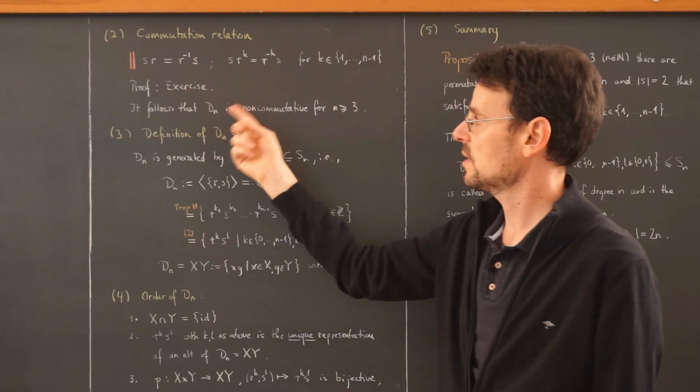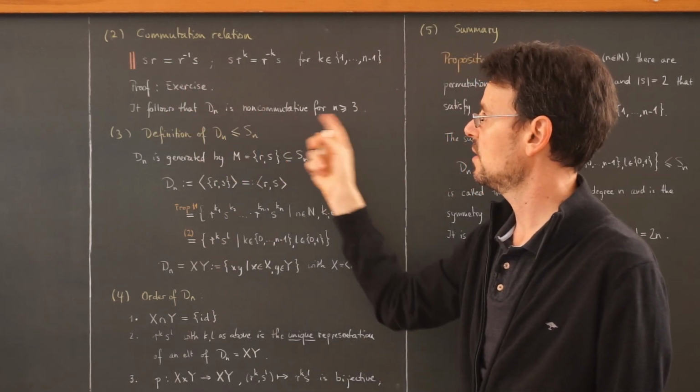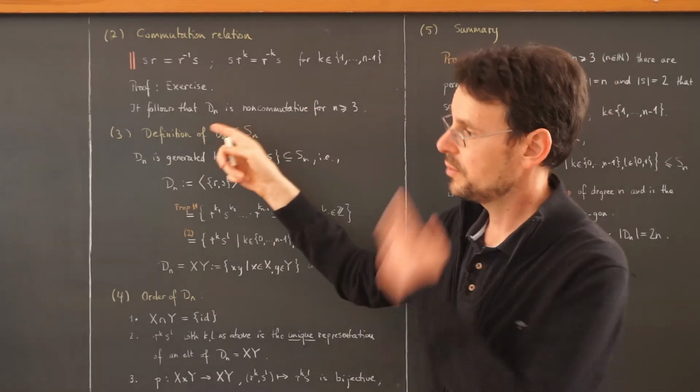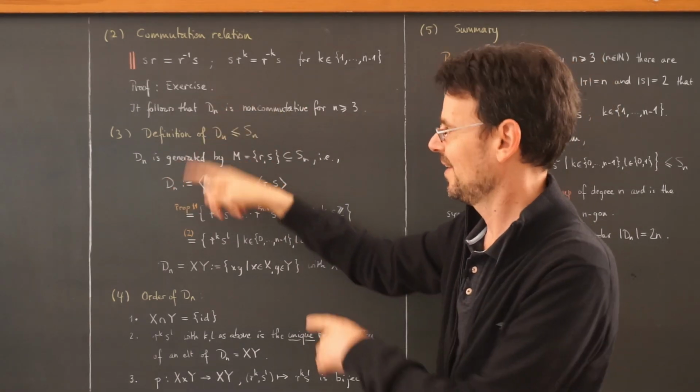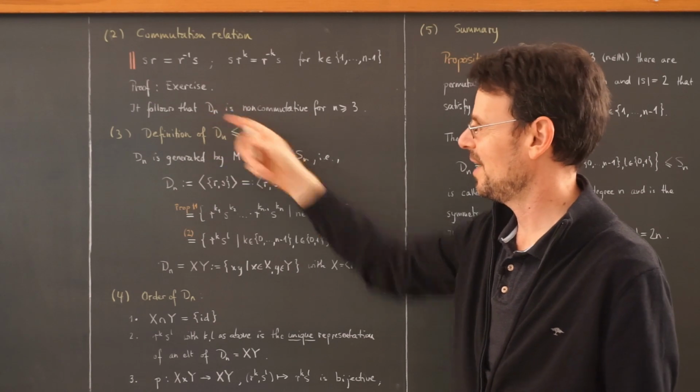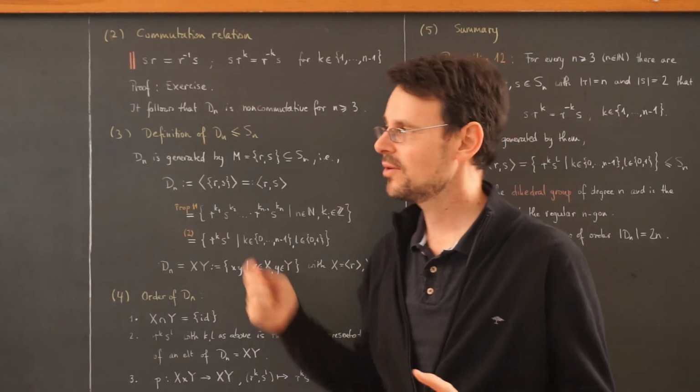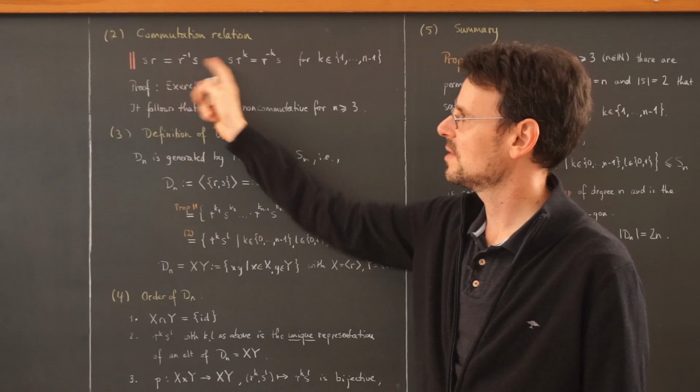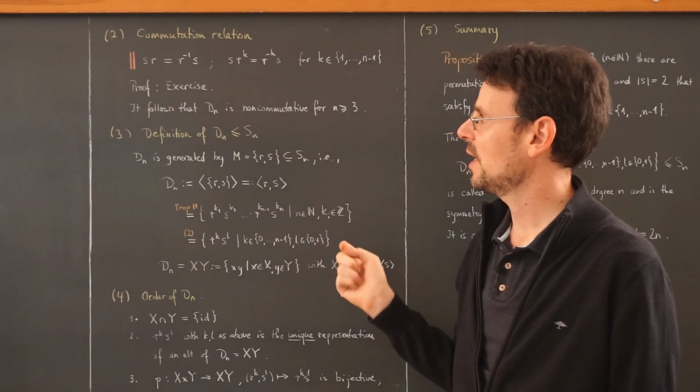And from this, as I said, it follows that this Dn is a non-commutative group. Oops, we haven't defined Dn yet, but when we have defined Dn, we will see that it is non-commutative because those two do not commute, S and R.